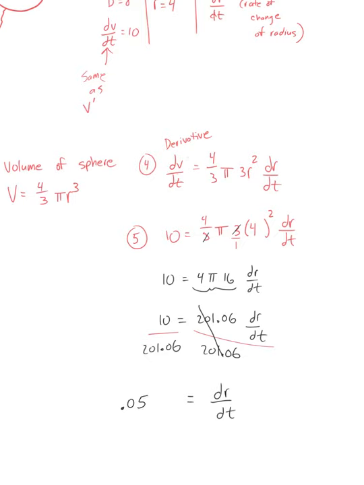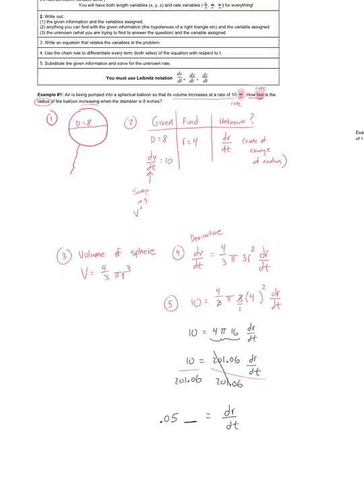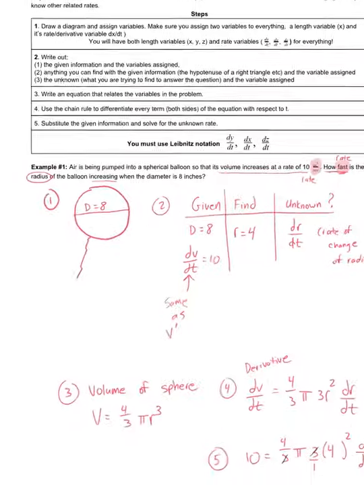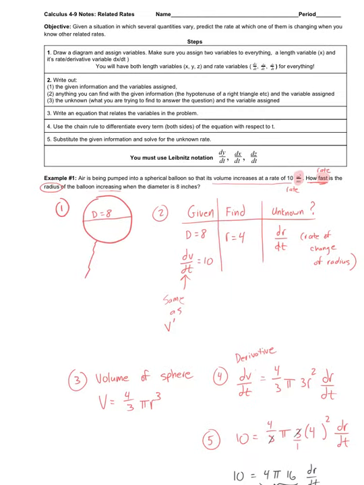Now you also need units. This is a rate of change, so you need a rate of change unit, which is a fraction. If we go back up to the original problem, I am dealing with inches, and this is going to be seconds right here.